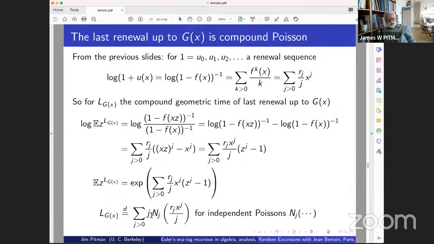The j is for basically jumps of size j. You have N_j, these are independent Poisson variables, and these are their rates. And that's a very interesting and, without the intervention of formal power series, not obvious fact: you take any renewal process, the final renewal before an independent geometric stopping has a compound Poisson distribution, and you have it completely explicitly. You know what the parameters are, and you get the parameters out of that x-log transformation thanks to Euler.